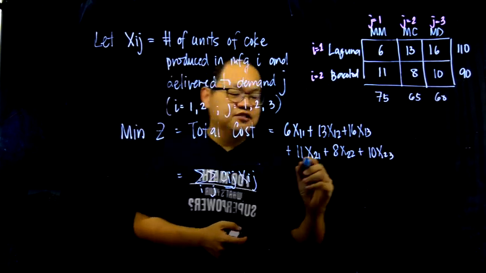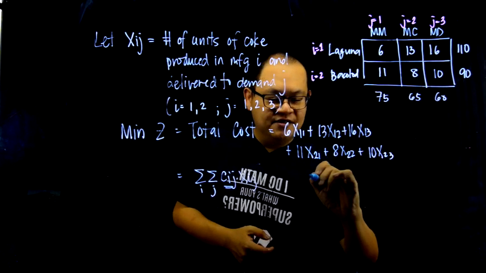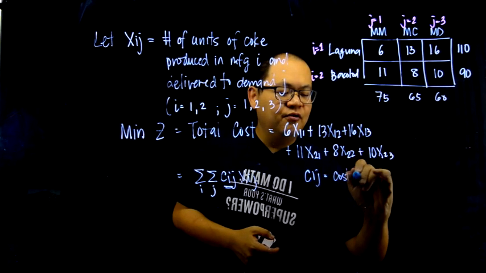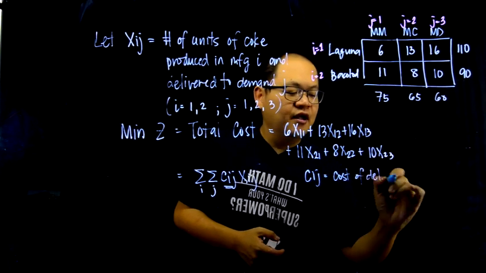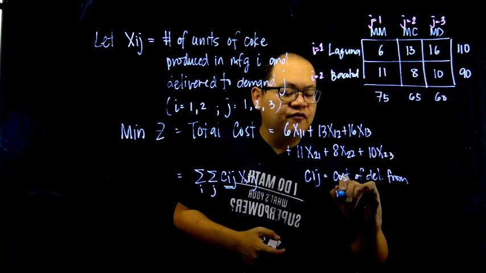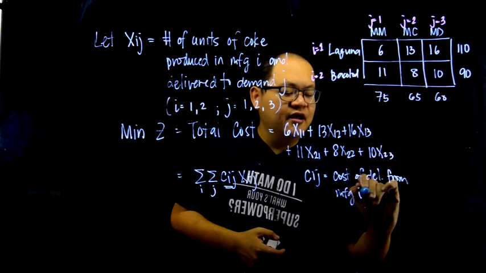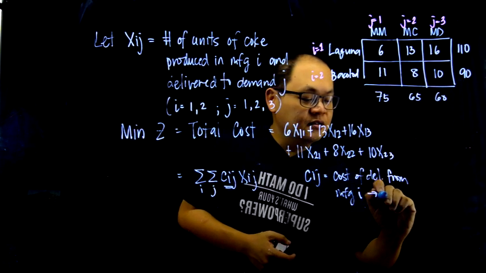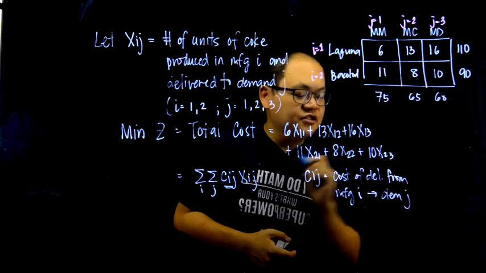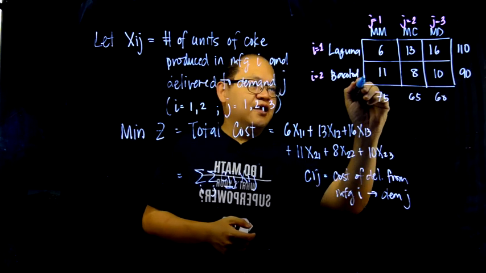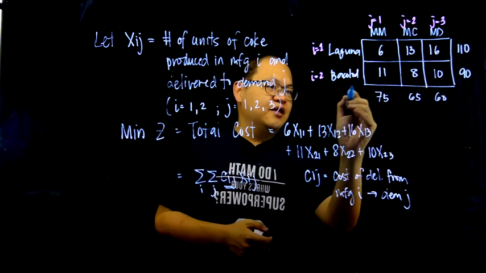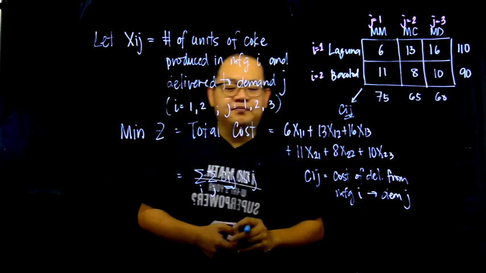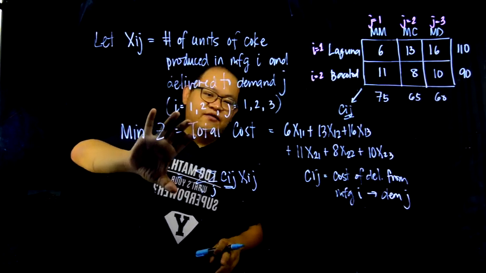Let's define Cij here to be the cost of delivering from manufacturing center i to, and to be delivered to, demand center j. Essentially, this 2 by 3 table is your Cij. Okay? So this is our objective function.